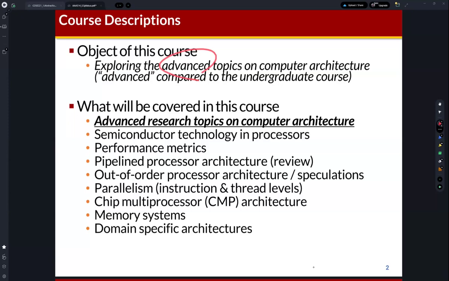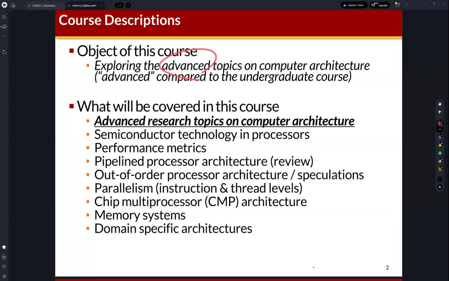Firstly, I will introduce some semiconductor technology. The processors are the product of the semiconductor industry. It means that we can build CPU chips or GPU chips using semiconductor technology.